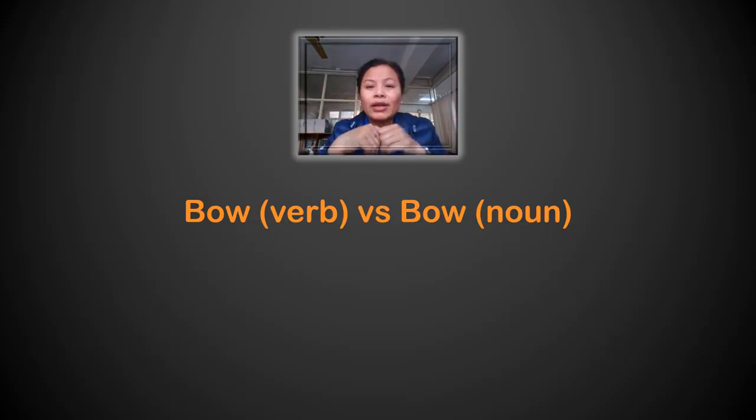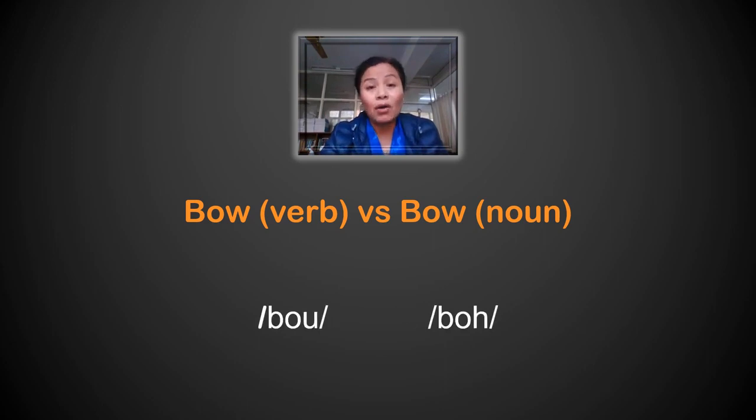Bow, right? Bow. It can be like you have rainbow, the curve you see, right? The rainbow, or the bow used to shoot an arrow. So the difference in the pronunciation or the form makes the word different, though they are having the same spelling. So it's bow and bow.